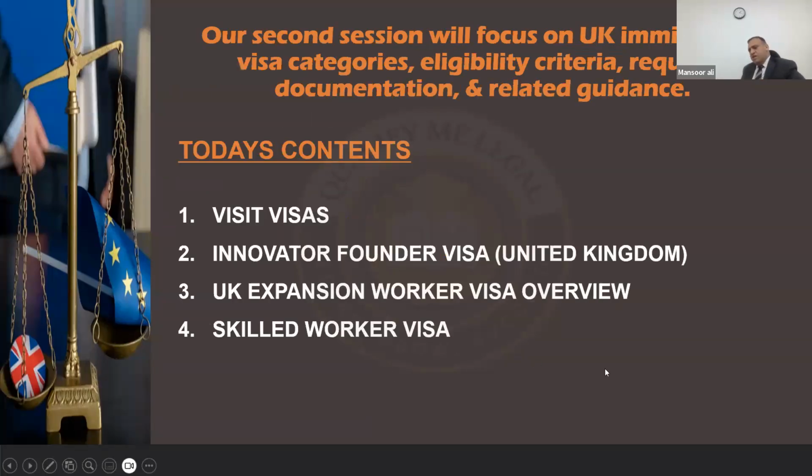Today we are specifically going to discuss 4 categories. As I told you, we have a number of categories split into five, with further subcategories. Now I have picked four categories: visit visas, innovator founder visa, UK expansion worker visa, and skilled worker visa.